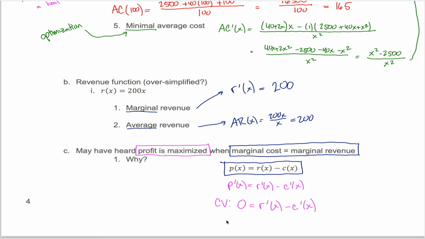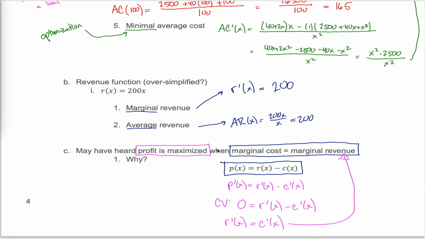Add c prime of x to both sides of the equation, and you get r prime of x equals c prime of x. In other words, profit is maximized when marginal cost equals marginal revenue. This phrase is really just teaching you optimization. It's saying that the way you figure out optimal, maximum in this case, profit is by taking the derivative of the profit function and setting it equal to 0.